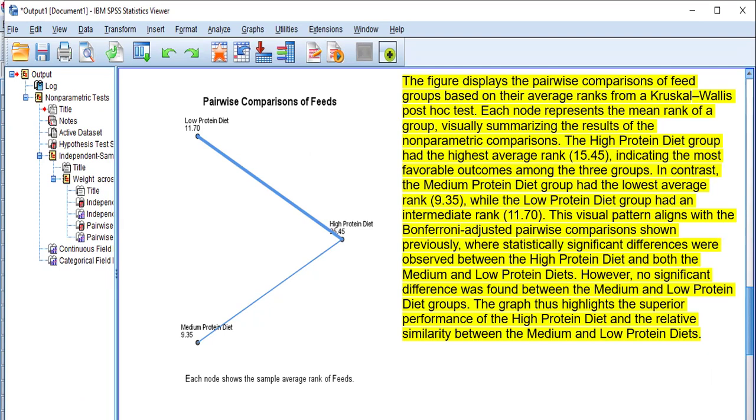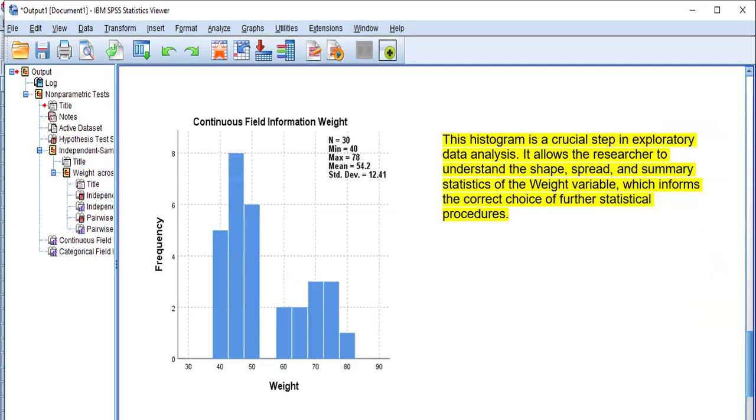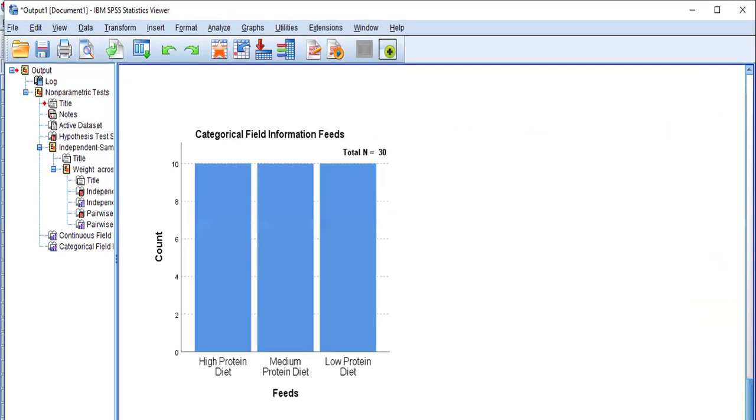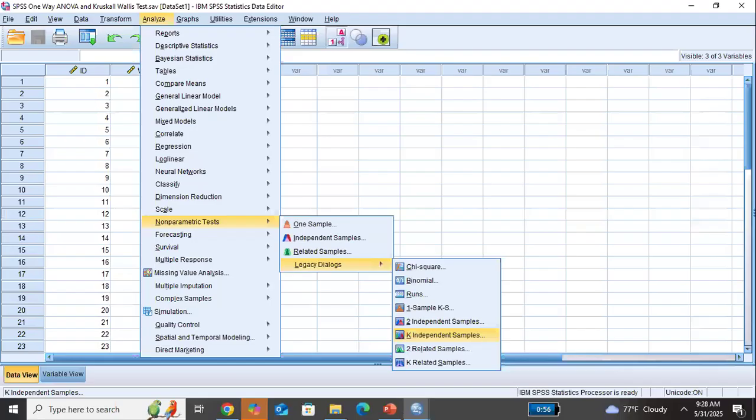Medium protein is also significantly different from high protein, and low protein diet is also significantly different from high protein diet. But between medium protein diet and low protein diet, there is no statistically significant difference. So this is again showing you whether the data is normally distributed or non-normal, and it is showing you categorical data information.